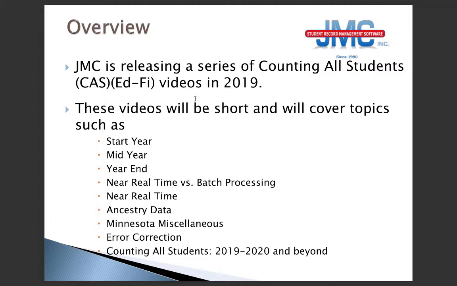You could be doing that now. You don't have to wait till some future year when, for example, in 1920, some of JMC schools will also be doing this as part of not only the Counting All Students ancestry part, but also MARSS is going to get morphed into this Counting All Students process.